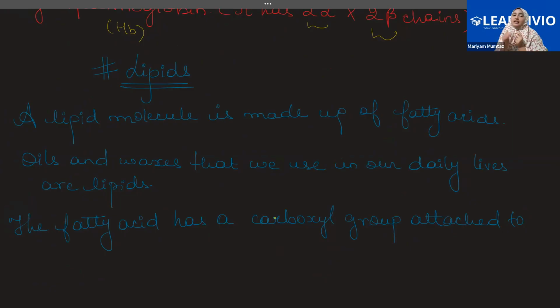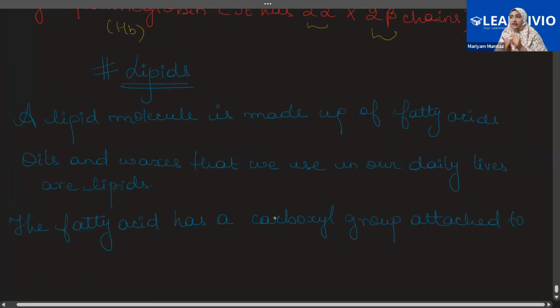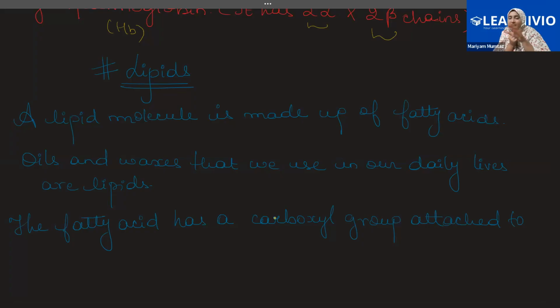Now remember that lipids are not strictly a bio-macromolecule. We keep them under the bio-macromolecule category only because their molecular weights are intermediate and they are not soluble. Just like bio-macromolecules are not soluble, lipids are also not soluble, because of which we keep them under the bio-macromolecule category, but they are not truly bio-macromolecules.